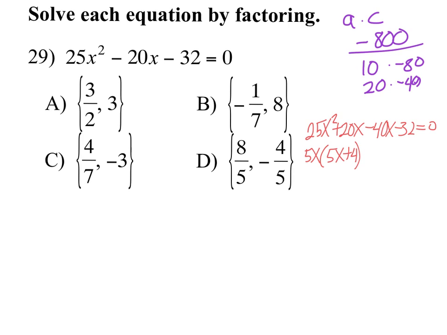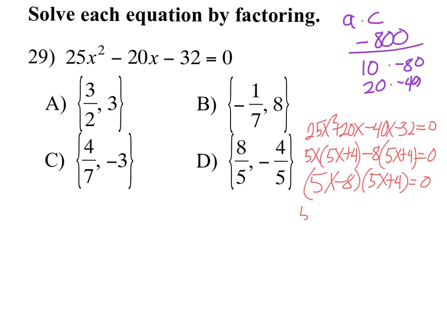The next two I can divide by negative 8, and I'd be left with 5x plus 4. We've got a winner. I love when that happens. That gives us 5x minus 8 multiplied by 5x plus 4 is equal to 0.